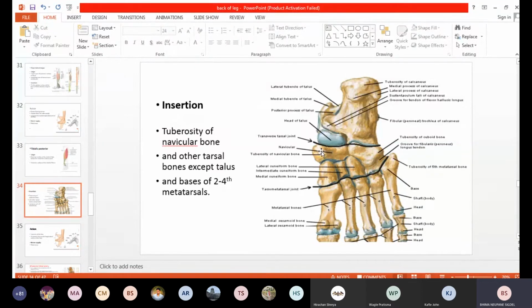After that, it inserts into the cuboid bone, and then the three cuneiform bones, and the bases of the second, third, and fourth metatarsal bones. So: tuberosity of the navicular bone, cuboid bone, the three cuneiform bones, and then the 2, 3, 4, the plantar surface of the bases of the metatarsal bones. That is the insertion.